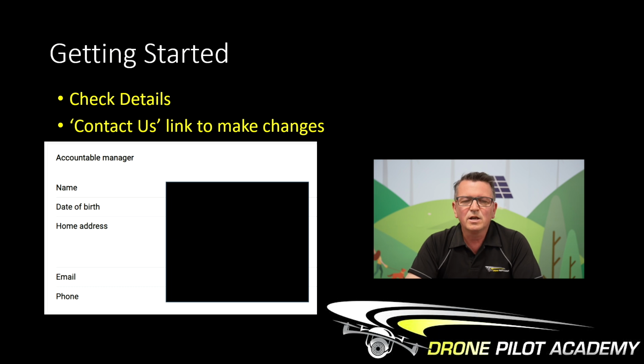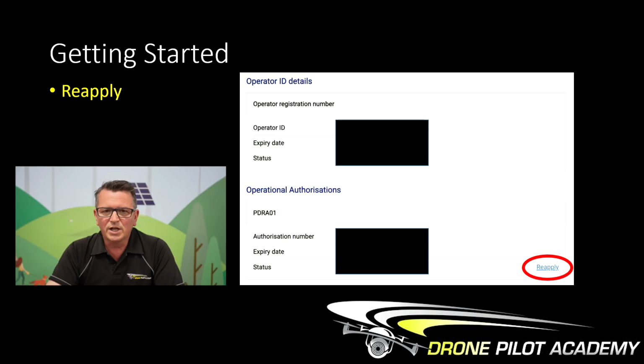You can then check the accountable manager's details are correct. If there are any changes required, then on that page there is a contact us link, so you just click that link and make the changes there. But you then check your operator ID details, and if you currently have an operational authorization, then what you do is you click the reapply in the bottom right hand corner.